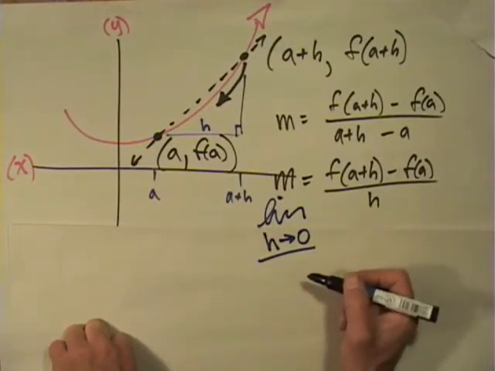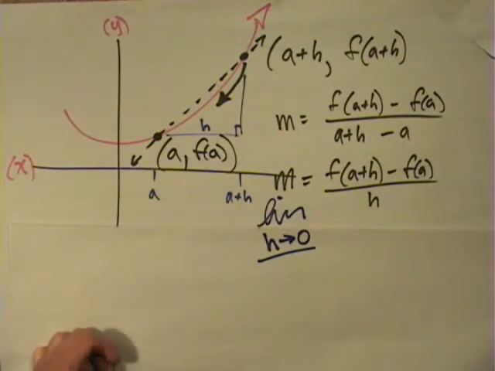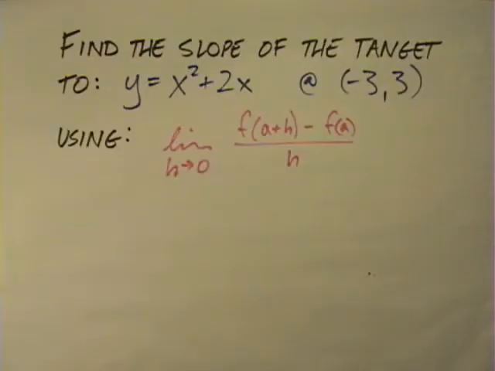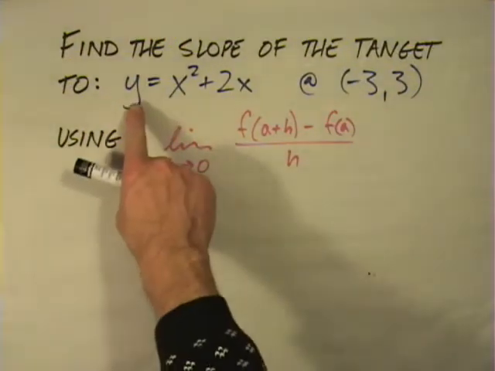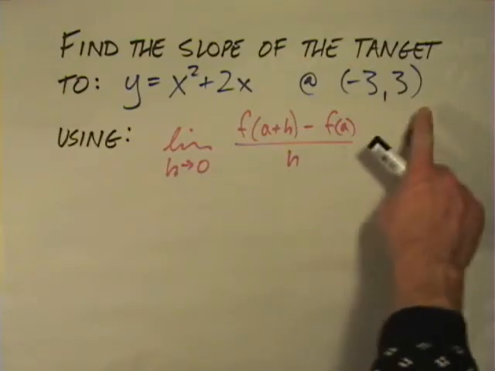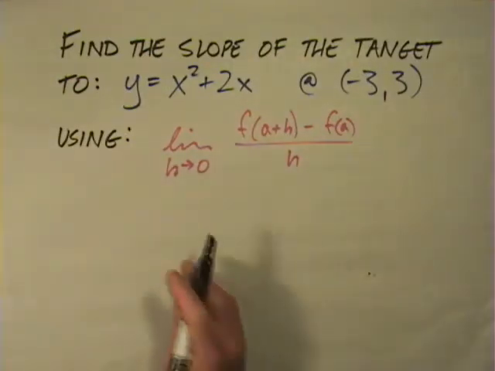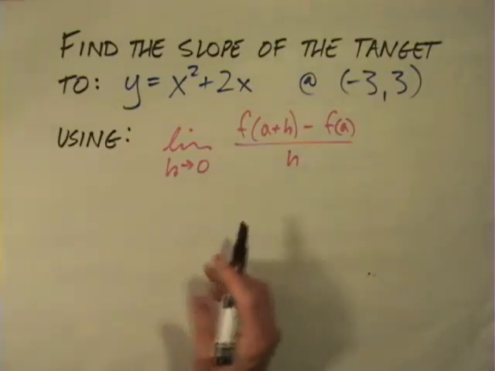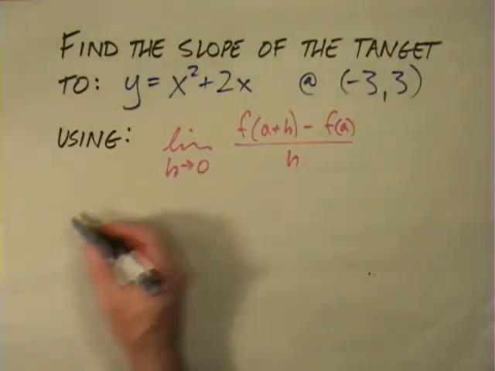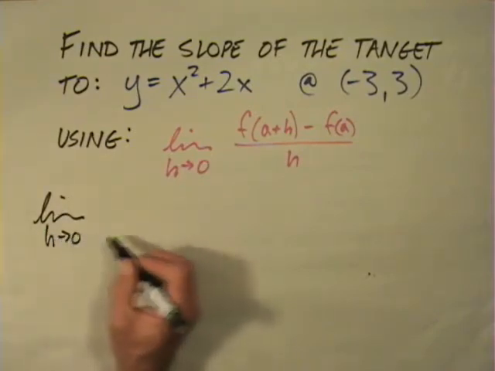Okay, so we're going to go on and do that same example I did before, but using this equation. We have returned to that parabolic function that we had in the first example at the same point, but we're going to use our new equation. It's pretty straightforward. You just have to pay attention to some of the details. We're going to start again with the limit as h is approaching 0.